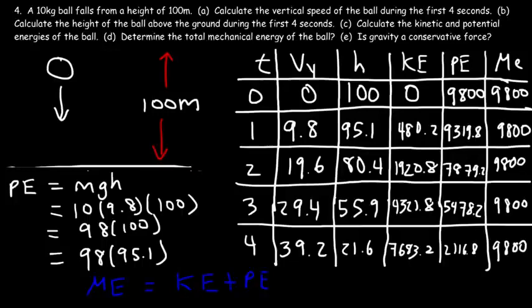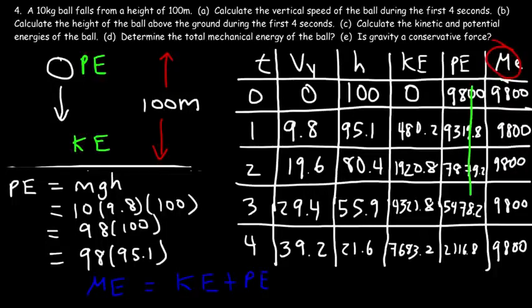So what does this all mean? What can we learn from this? So we see that the total mechanical energy is conserved. It's a constant value, it doesn't change. It remains 9,800 joules. So what's happening is that as the ball falls, the potential energy is being converted to kinetic energy.